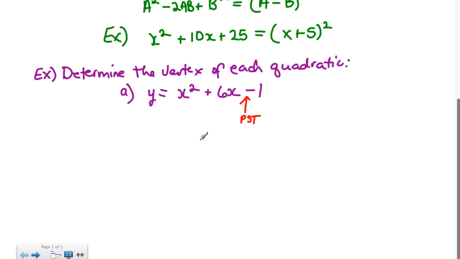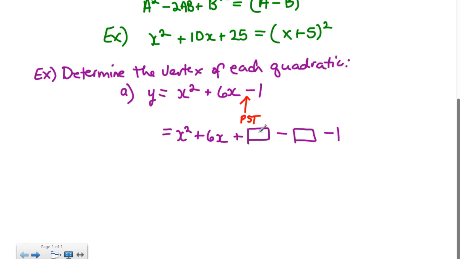So really, essentially, all I'm doing is putting in a 0. So that's going to look like this. I've got x squared plus 6x, and what I want to do is add something in and then take that same something away. Essentially, I'm just adding 0, which isn't changing it.